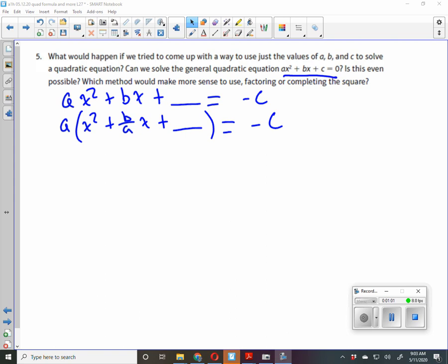So first things first, half the middle term squared. This is going to be kind of interesting in that half of b over a is going to be b over 2a and then squared, right? If I multiply that by a, one of the a's in the denominator is going to go away.